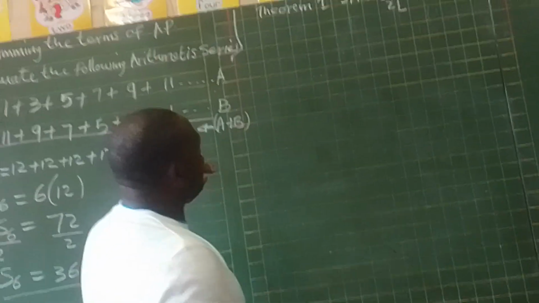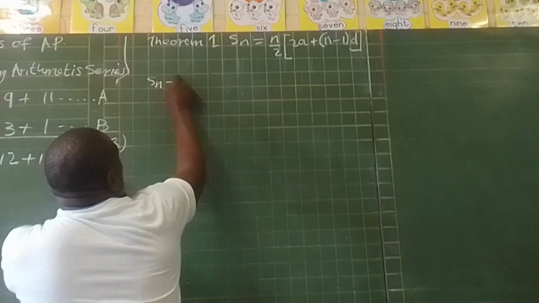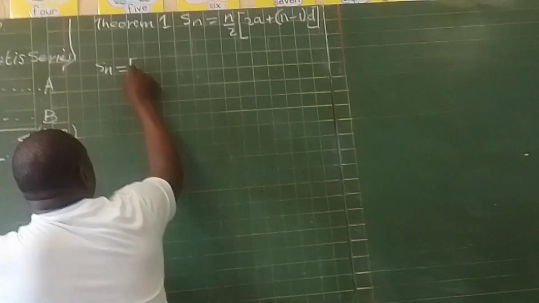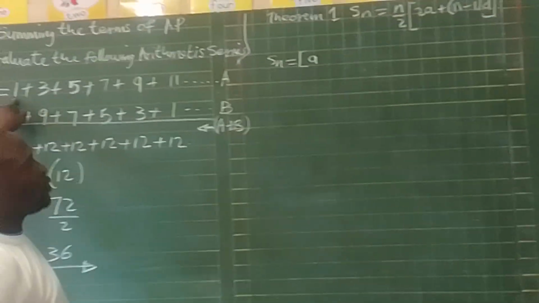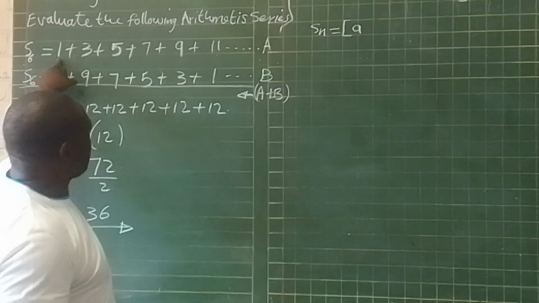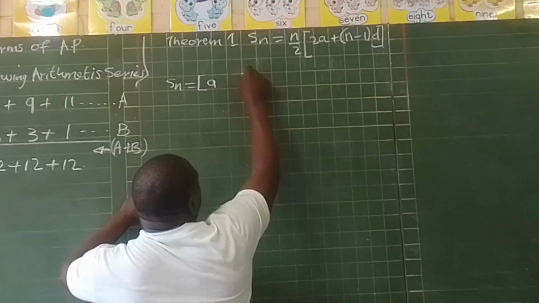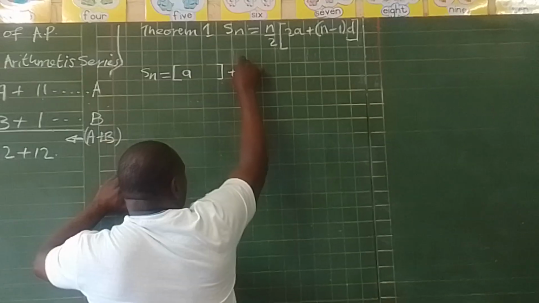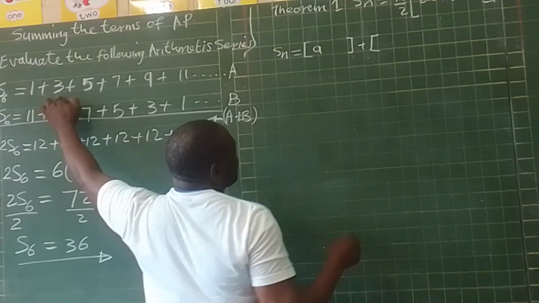So we are going to say Sn is equal to the first term, which is a, followed by the second term.